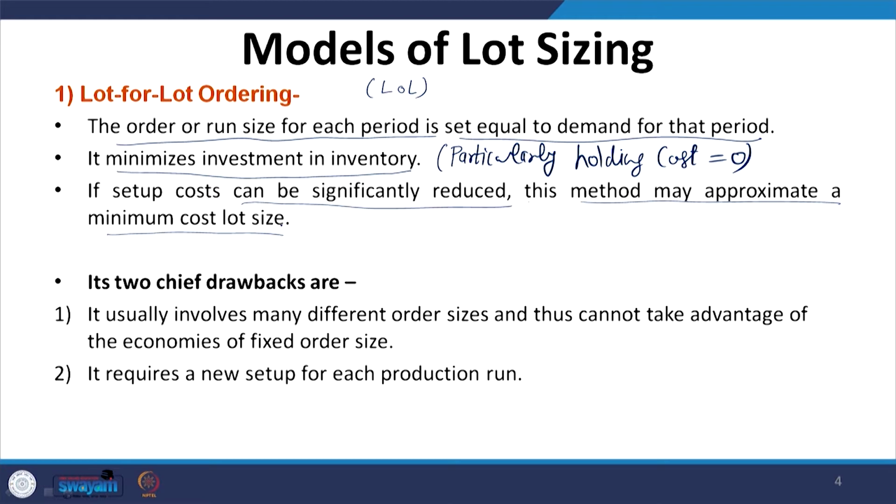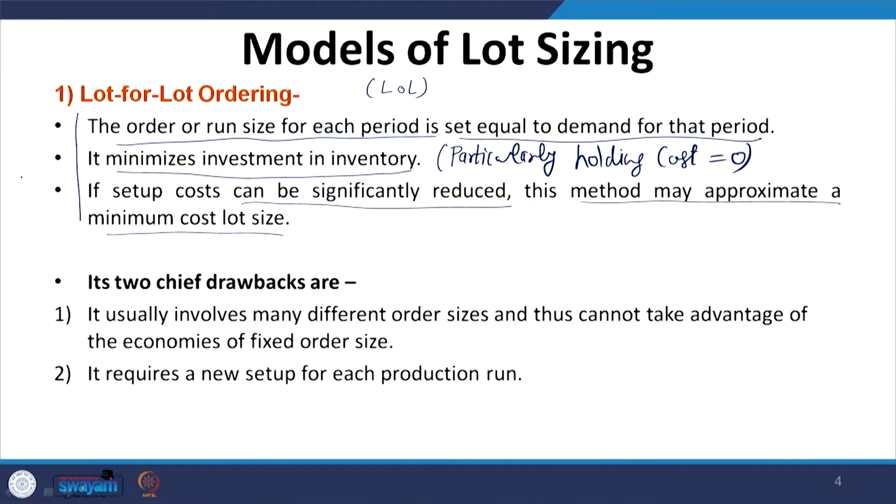But if every time you develop the product a lot of effort is required, you can translate those efforts in terms of cost. So, if it is significant, then obviously that may add into the cost of inventory. So, these are the characteristics. Now, let us see the downside of this lot for lot. It usually involves many different order sizes and thus cannot take advantage of the economies of fixed order size.